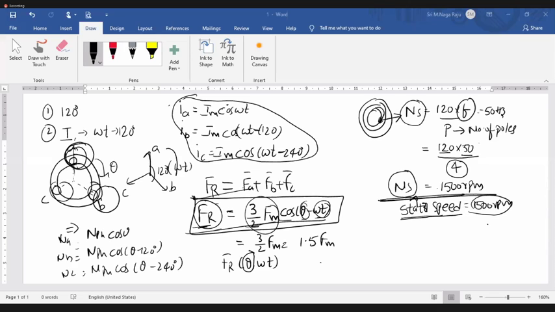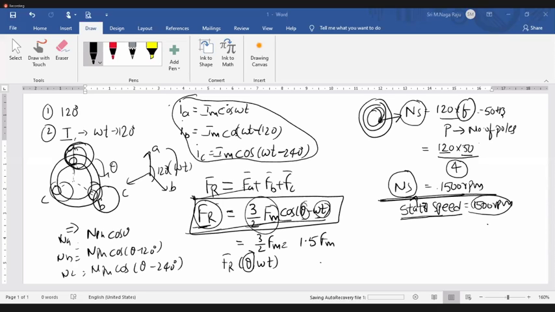I'd like you to write down the definition of slip. It is defined as the difference between the speed of the stator field, in brackets Ns, and the speed of the rotor, in brackets N, expressed as a fraction of synchronous speed.